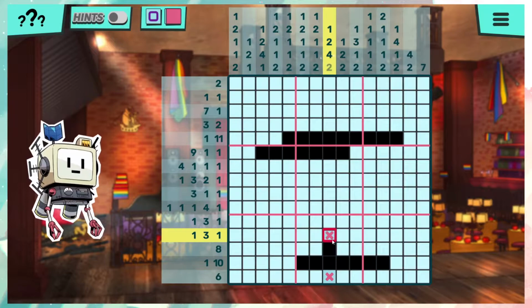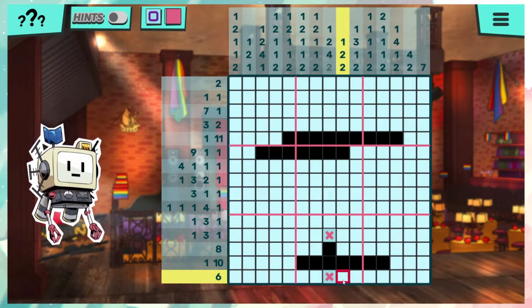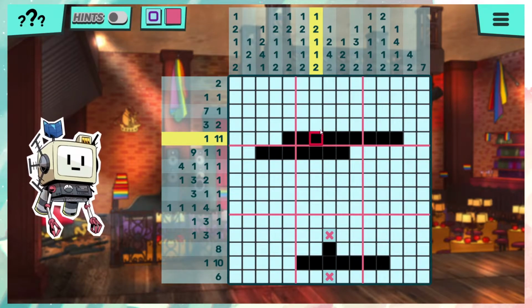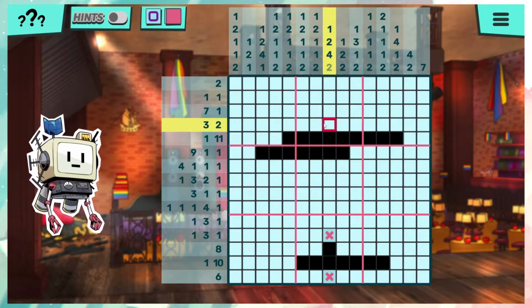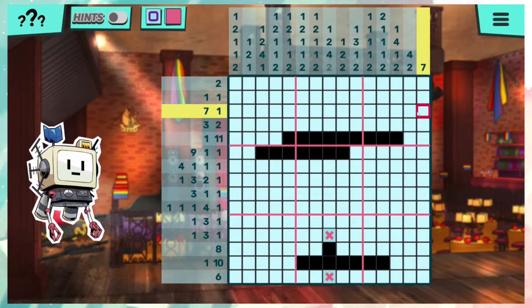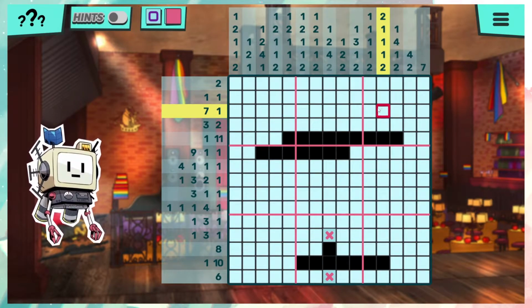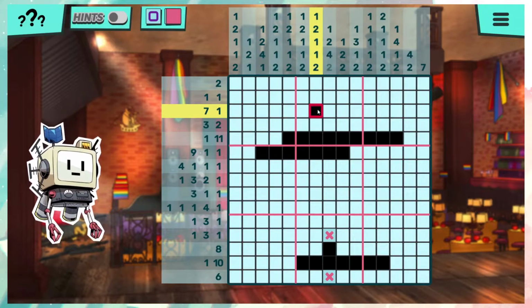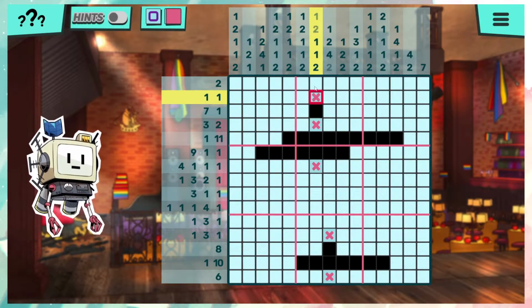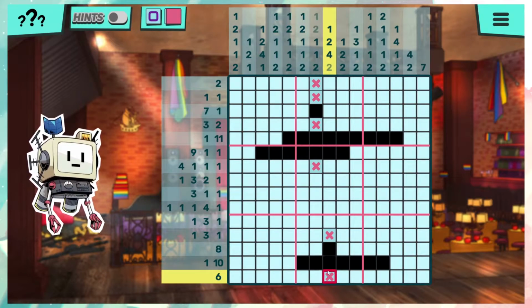Okay, 6 could fit in both sides, so we don't exactly know where it is just yet. That's not an amazing start, but I guess I'll take it. I guess I have no choice but to take it. Hold on, so 7 goes up to here, therefore 1, 2, 3, 4, 5, 6, 7. I believe that's correct. And therefore, since that's the 2, that has to be the 1.